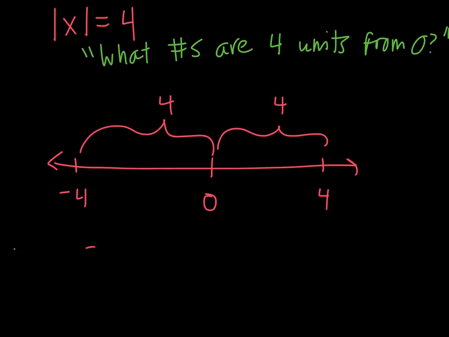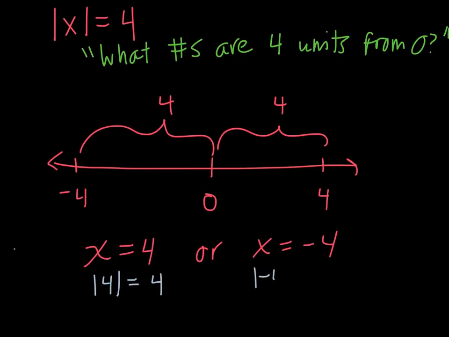So x could be +4 or x could be -4. Both answers work for x. If I plug in 4 for x, the absolute value of 4 is 4, or if I plug in -4 for x in the original equation, the absolute value of -4 is also 4.